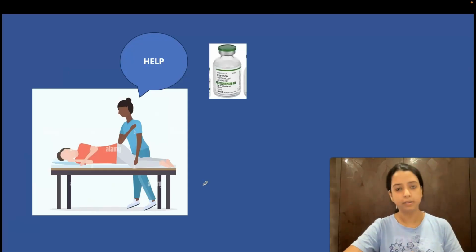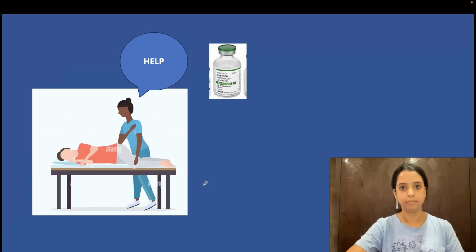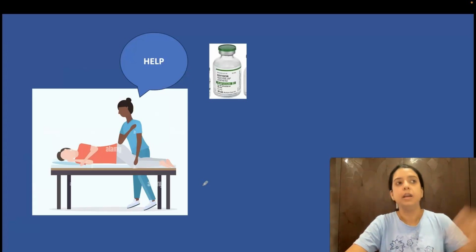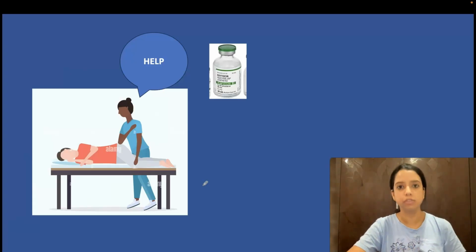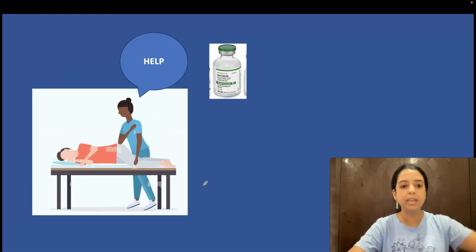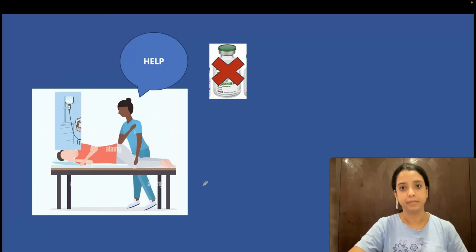Start the fluid. Okay. What about oxytocin? In the active management of third stage of labor, either you give IM oxytocin, many times IV infusion is started. If IM is given, you can't do anything. But if IV oxytocin infusion is going on, what will you do to this IV oxytocin which is being given to the patient? You will stop it.